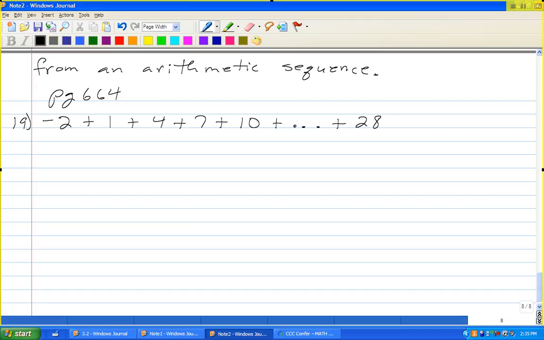So the question in exercises 19 through 24, identify whether the series is arithmetic or not.